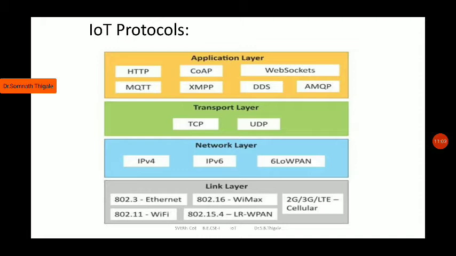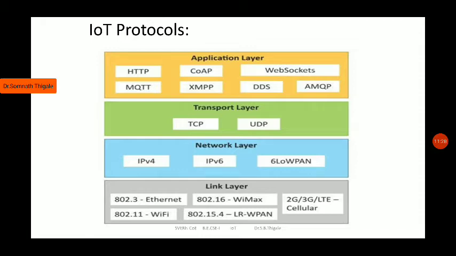Wi-Fi does not guarantee any quality of service, whereas WiMAX guarantees quality of service. So simply we can say Wi-Fi is for the LAN, that is local area network, whereas WiMAX is for the metropolitan area network, that is MAN. So understand the main difference between Wi-Fi and WiMAX.